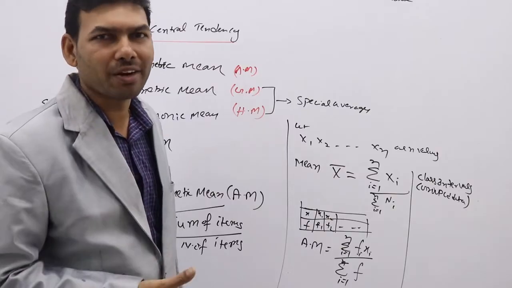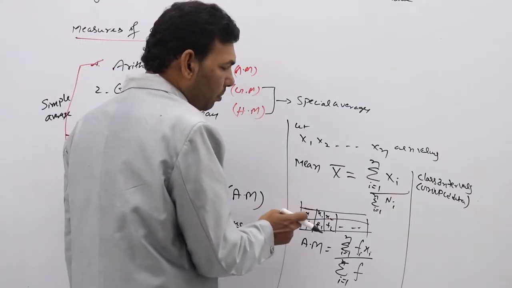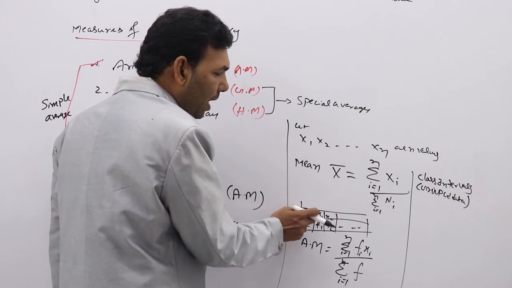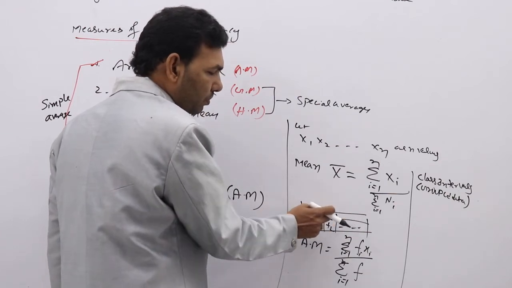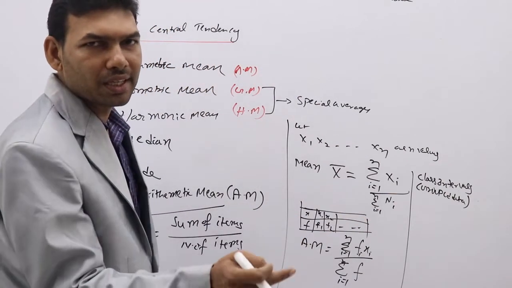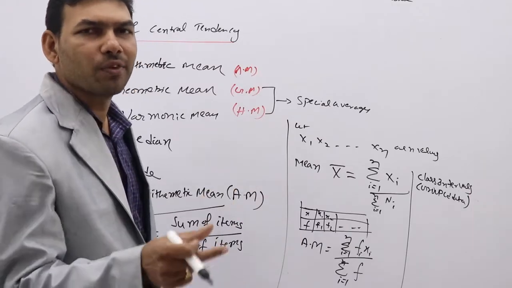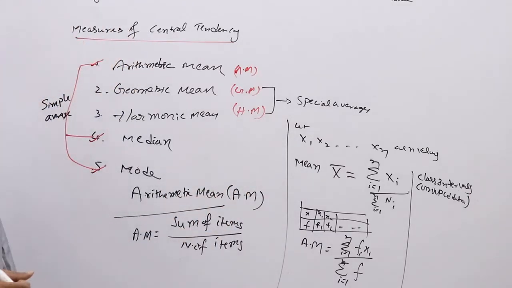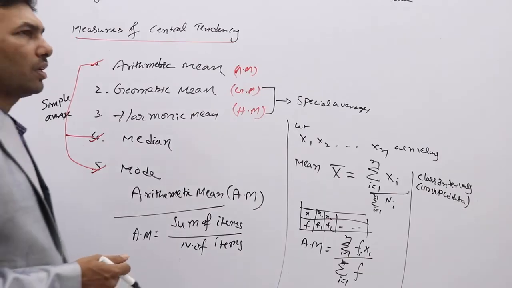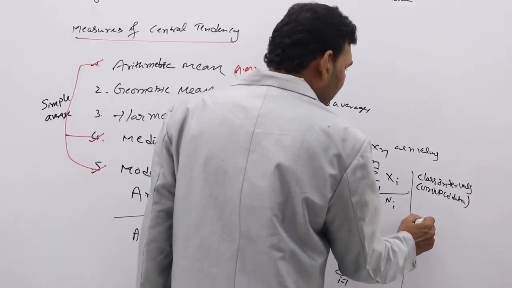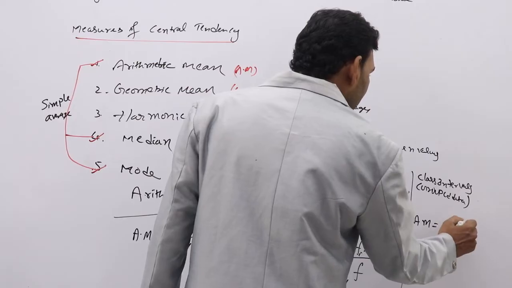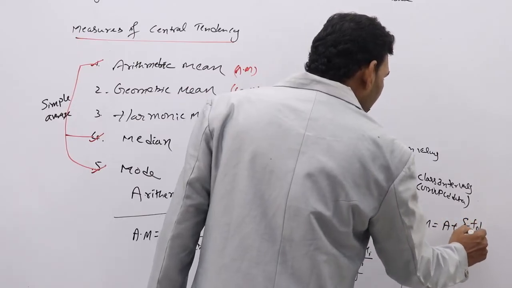If you have class intervals in the given problem, instead of x you will have class intervals like 0 to 10, 10 to 20, 20 to 30, 30 to 40. When you find this type of class intervals, we use the formula for arithmetic mean: a plus sigma fd by sigma f.